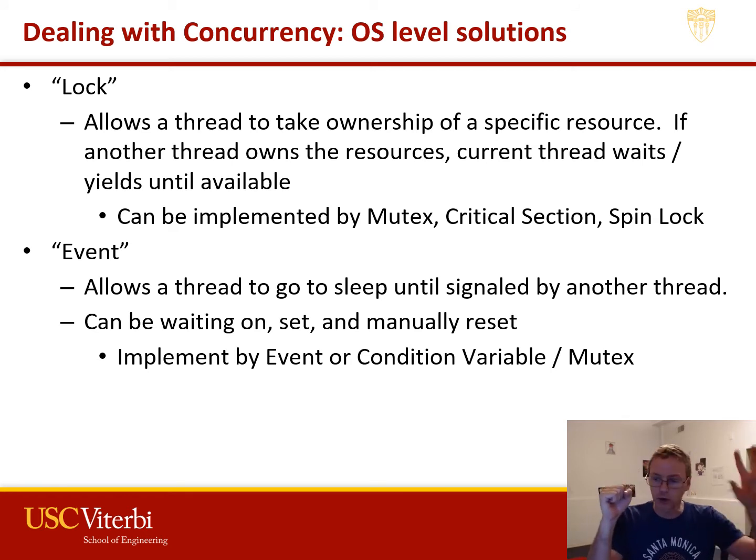I know there are other threads that might want this, but I'm incrementing this global variable right now. And while I'm incrementing it, I need to be sure nobody else modifies it while I'm in the middle of modifying this, right? So we'll lock the resource, probably with something called a mutex, or we may implement our own version of mutex using a spin lock.